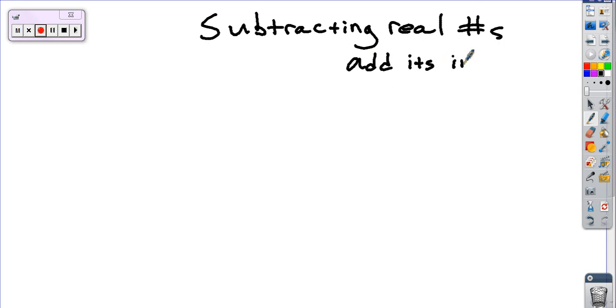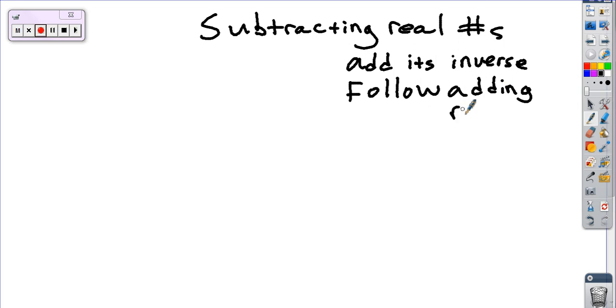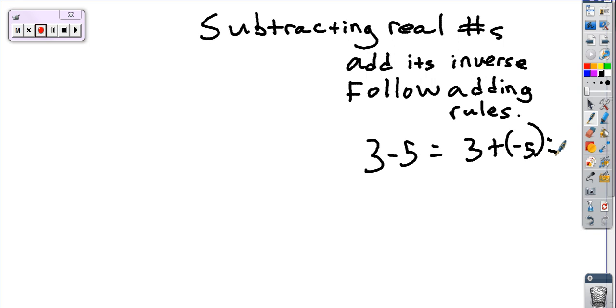Then we follow the adding rules, the adding rules you learned in kindergarten. So algebraically, it looks like this: 3 minus 5 equals 3 plus negative 5, which equals negative 2. Pretty straightforward.